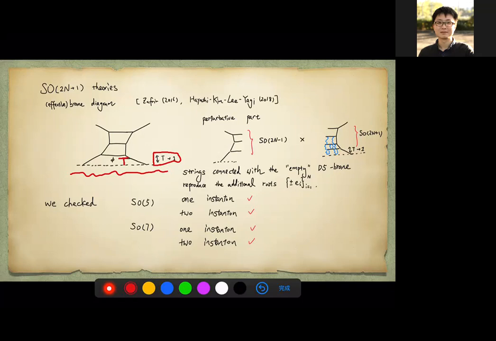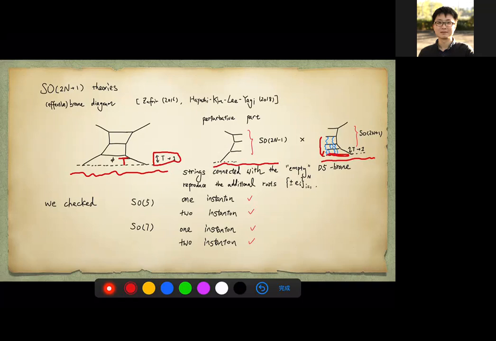For example, the perturbative part looks like a mixture of SO2N minus 1 theory and SO2N plus 1 theory. We can see the string here that connects with the empty brane. In the limit that t goes to 1, which is the distance 0 limit, this empty brane will just be located on the orientifold.